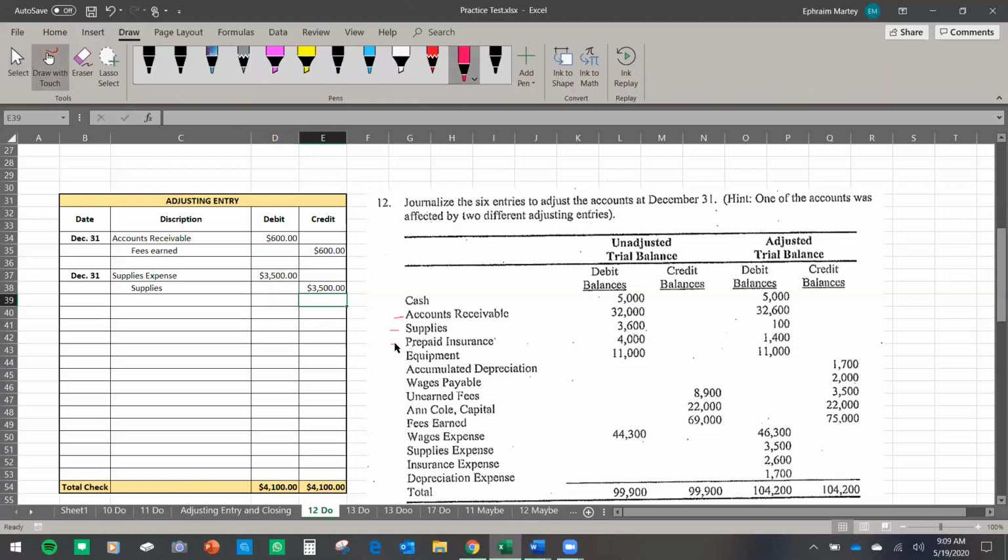Let's move on to prepaid expense, prepaid insurance. Prepaid insurance was 4,000, but now we have 1,400. That means we used it, so it has become insurance expense. So insurance expense, and then the decrease will go to prepaid insurance, because if you have used it, then it's going to decrease.